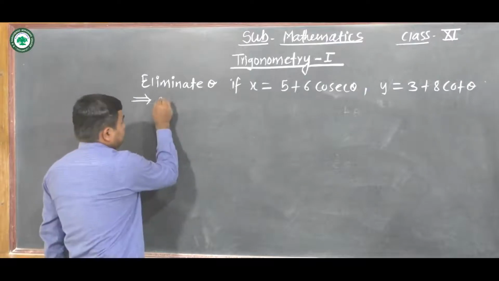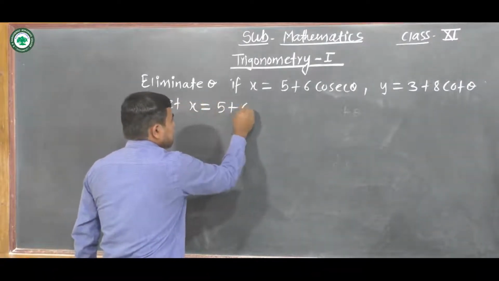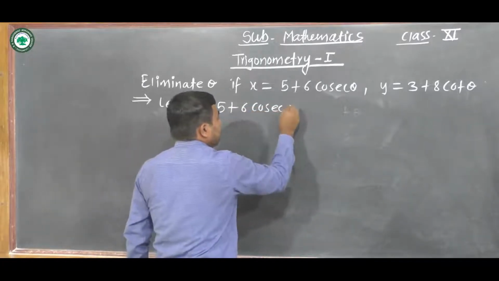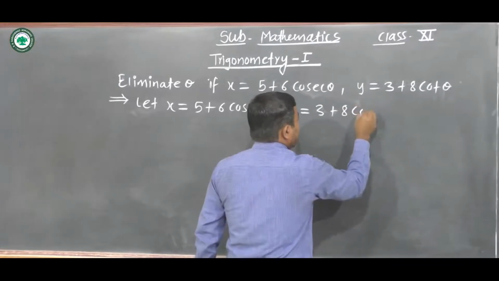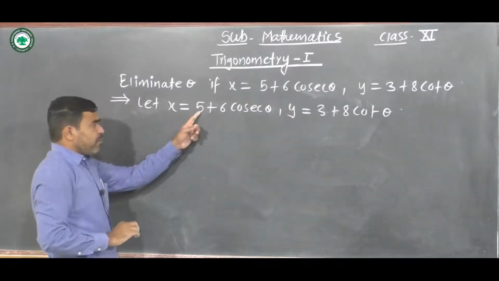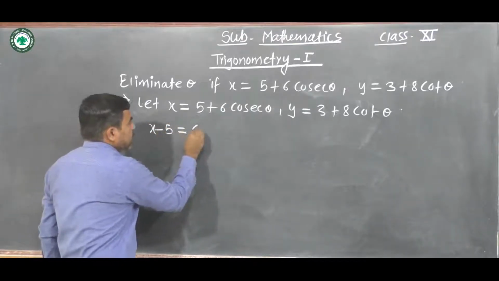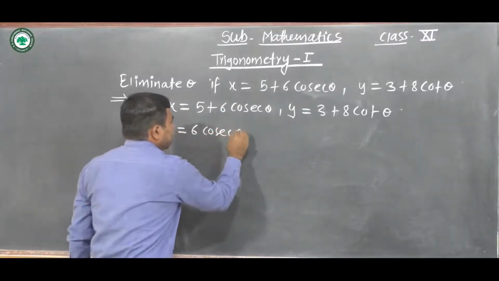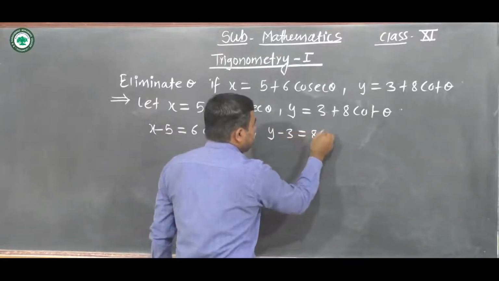So see, let x is equal to 5 plus 6 cosec theta and y is equal to 3 plus 8 cot theta. Now here shift this 5 to the left hand side, so we get x minus 5 is equal to 6 cosec theta, as well as here y minus 3 is equal to 8 cot theta.